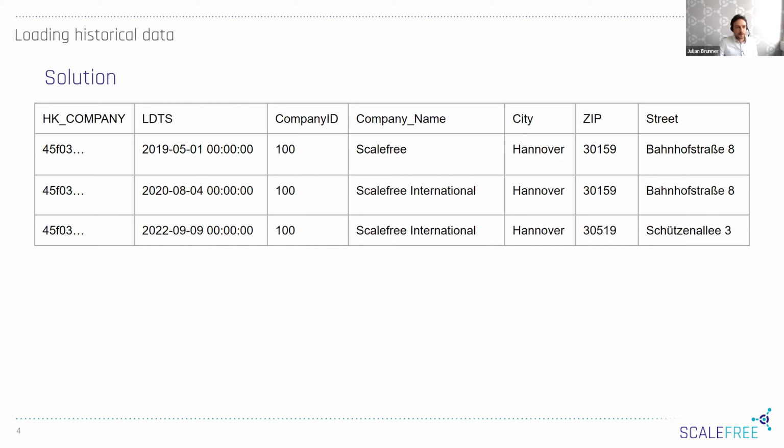So that's why I use this example. But if you have a legacy data warehouse where you have the load date already, you can of course use this one for the load date timestamp in Data Vault.